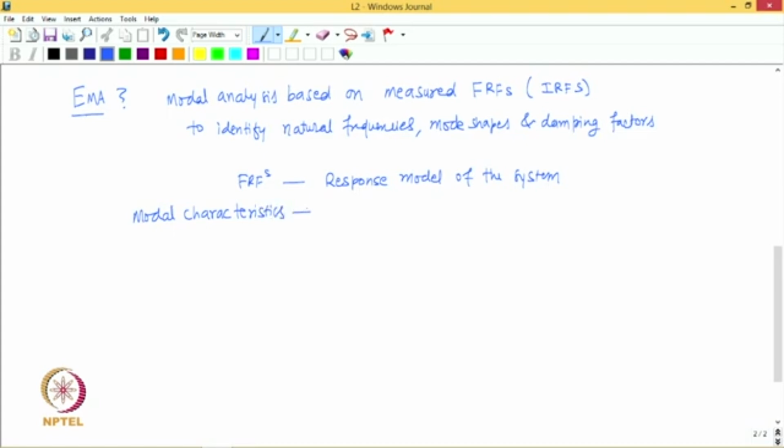So, in this way we can see there are three equivalent ways to describe a dynamic system or a vibratory system. One could be the spatial model, another is the response model, and the other is the modal model, and these are equivalent descriptions.